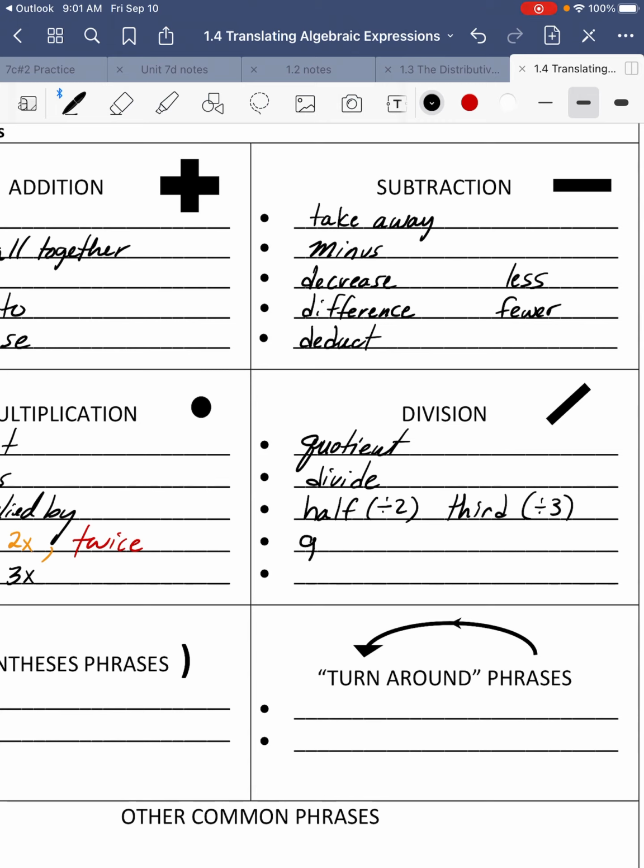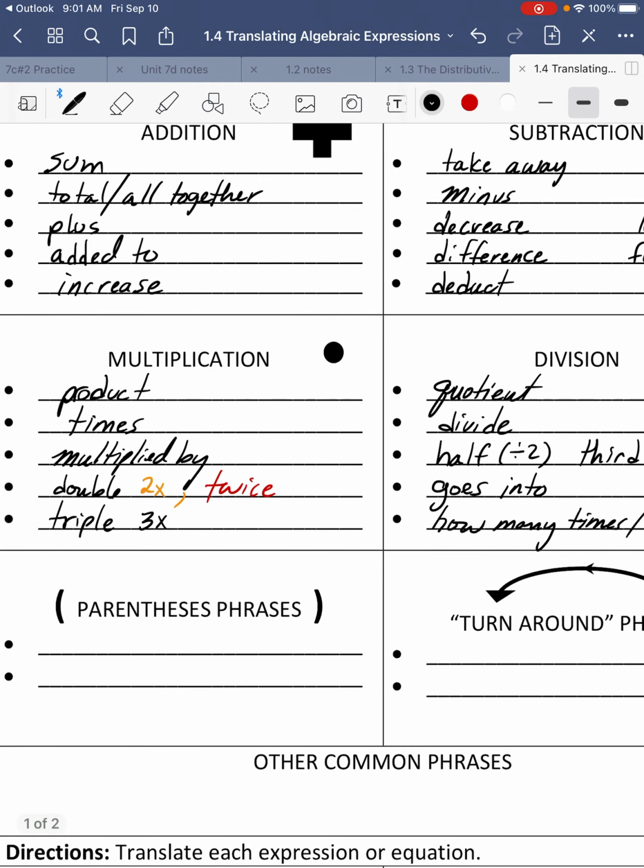Fourth, fifth, it goes all the same. Goes into. That's an unusual one for division, but it can be used. If you ever see something that says how many times, or something like split it up, how many times can you split? These are all good division words.